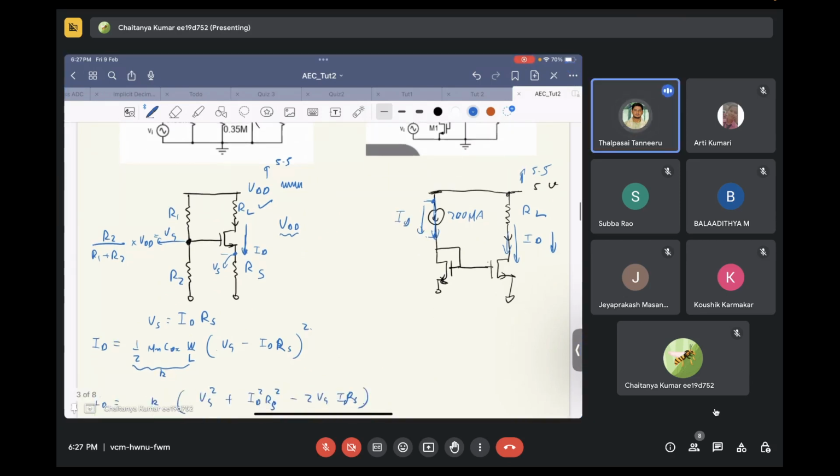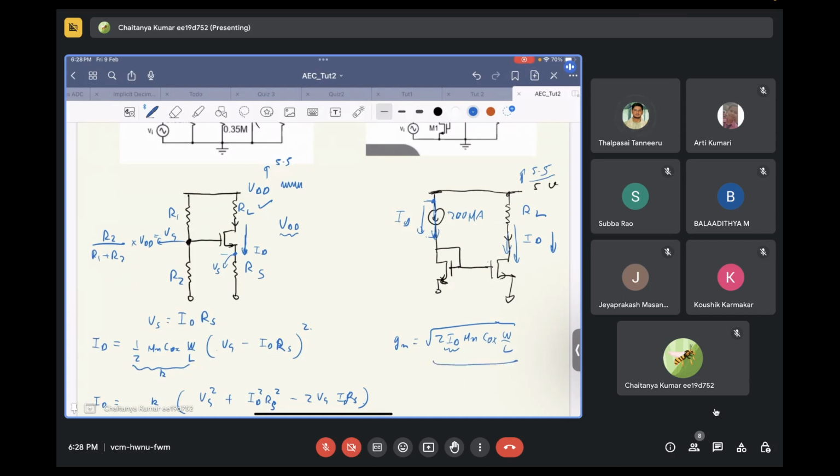Okay. And what is GM? Root of two times ID mu n Cox W by L. So if you are able to maintain ID constant, GM will remain constant as long as there is either supply voltage variation or threshold voltage variation.